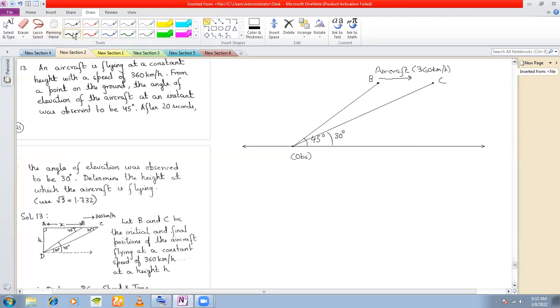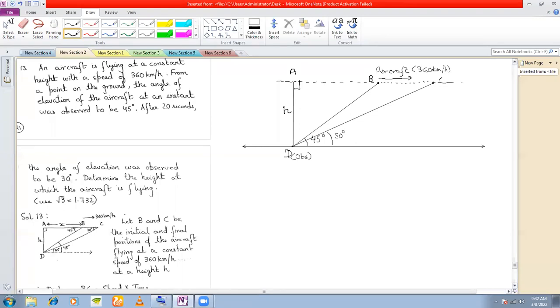If you see, this is your horizontal. And the height of the aircraft must be this height. So you need to find out this height. Let us call this point A, and let us call this point B. So now we need to find out the height AD, the length AD, which is the height of the aircraft.